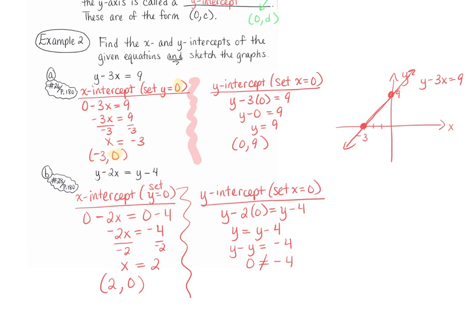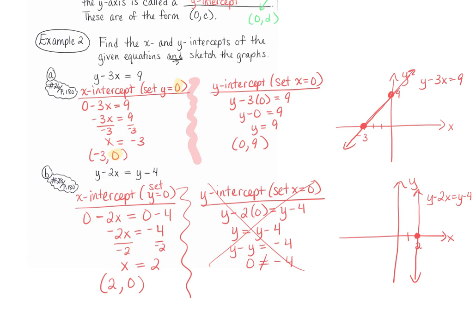Which means that there's no y-intercept. So it turns out what we have here is a vertical line. We have our x-intercept at 2, 0. And this is our graph. So this is the graph of y minus 2x equals y minus 4. Okay, awesome. Let's keep going.